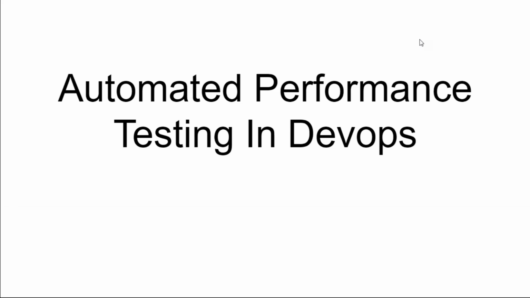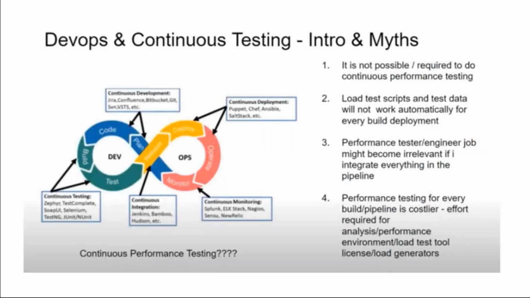So the way we have designed this course, right? DevOps is a big buzzword everywhere we get into. People talk about continuous testing, continuous deployment, automated testing, DevOps pipeline, all these things, right?